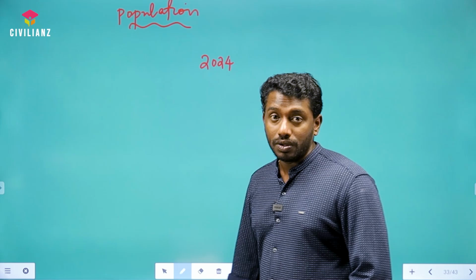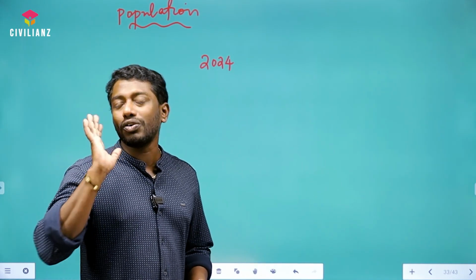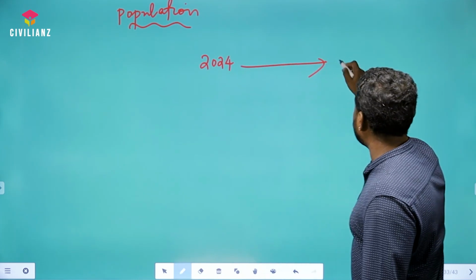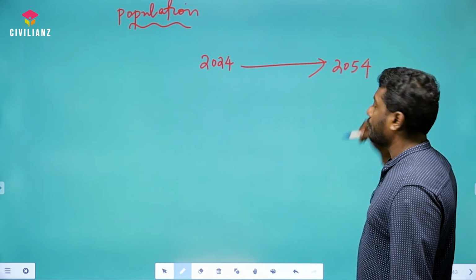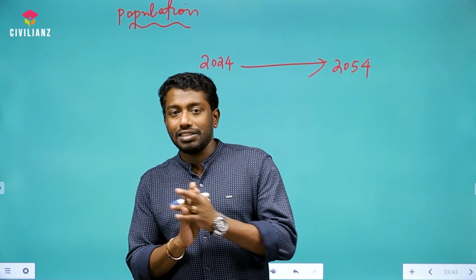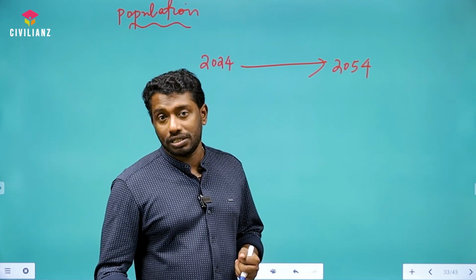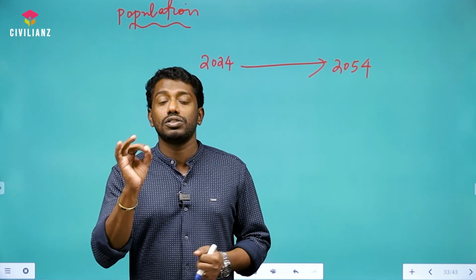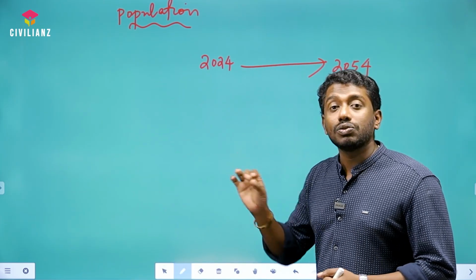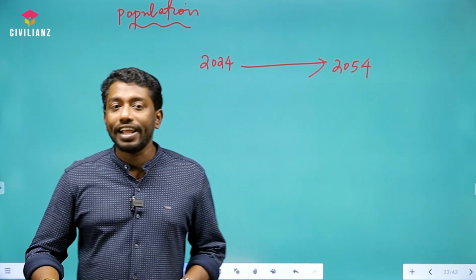We already studied that a water treatment plant has a design period of about 30 years. So we have to use this water treatment plant until the year 2054. So we have to calculate the population of 2054 and build the plant to satisfy the needs of the people living in 2054. Otherwise, our plant will be a failure.